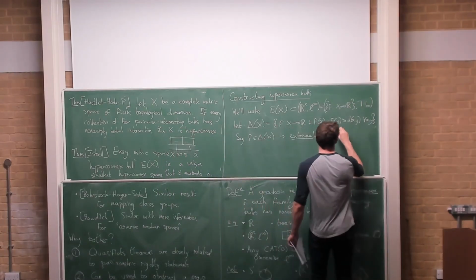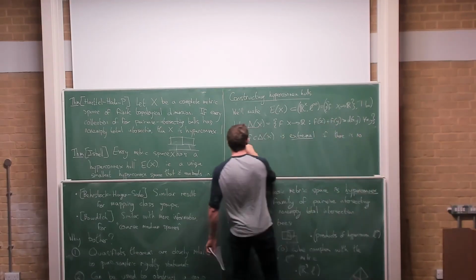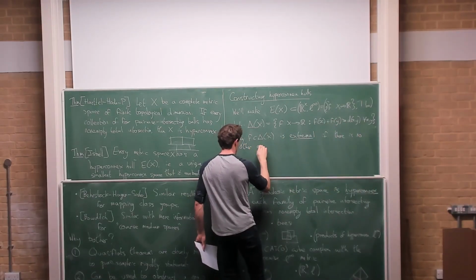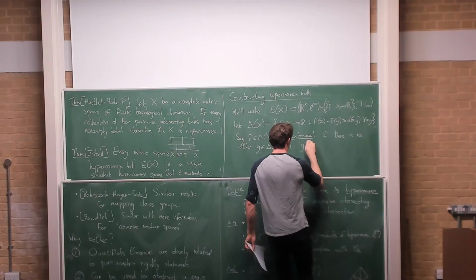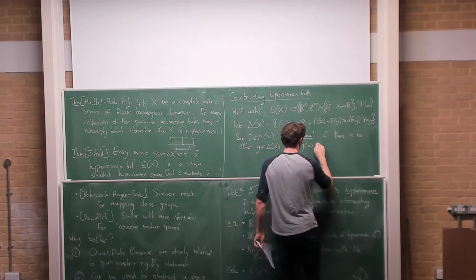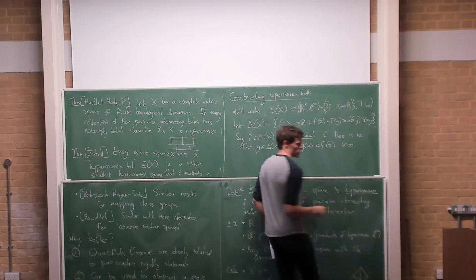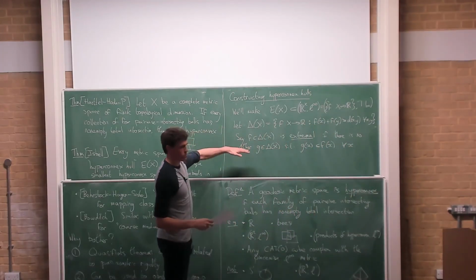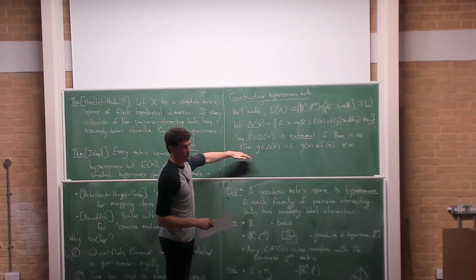If there is no other g in Δ(X) such that g(x) is at most f(x) for all x. So anything that's point-wise at most it and isn't it is outside Δ.